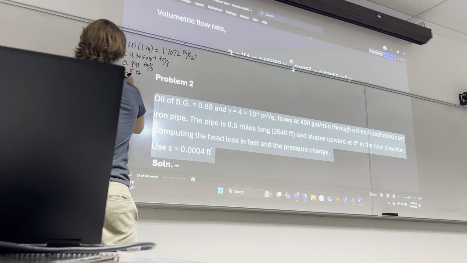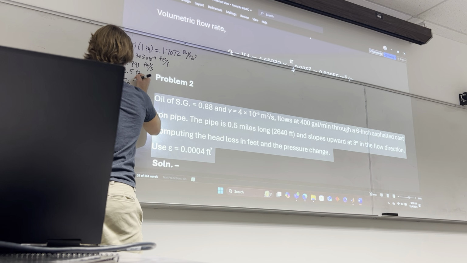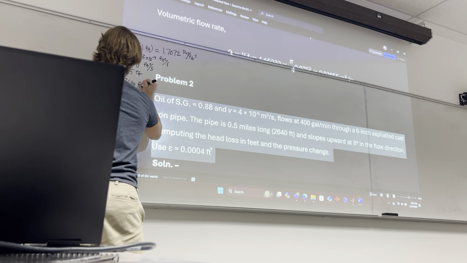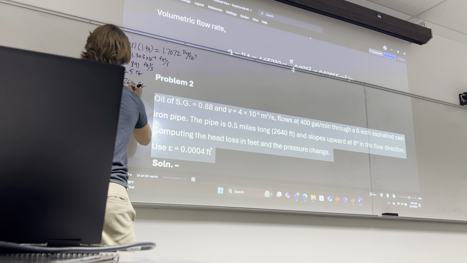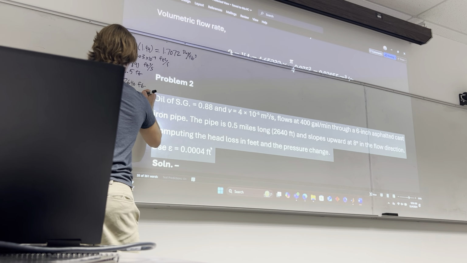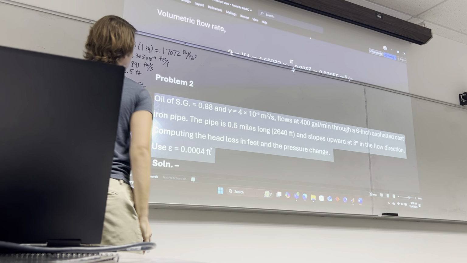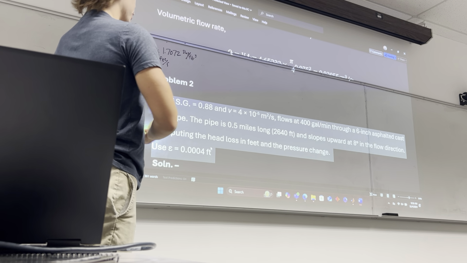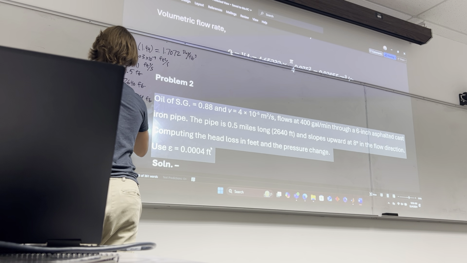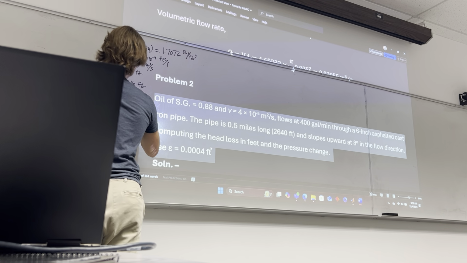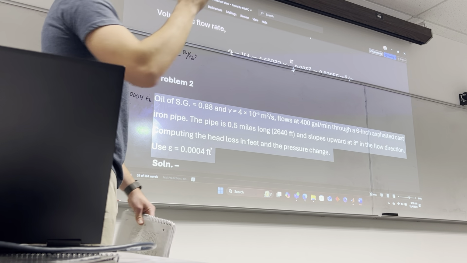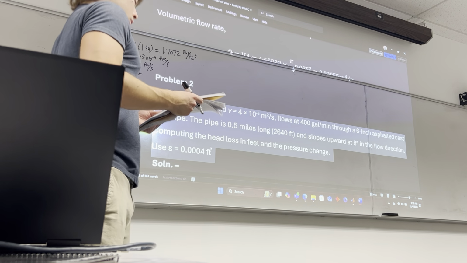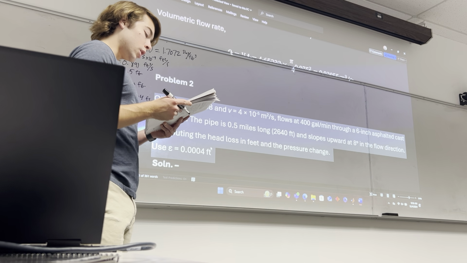We have length equals 2640 feet. Epsilon, or roughness, is 0.0004 feet. Oh, theta. Theta equals 8 degrees, which will come in handy later when we're finding the delta Z. Should be good to go.